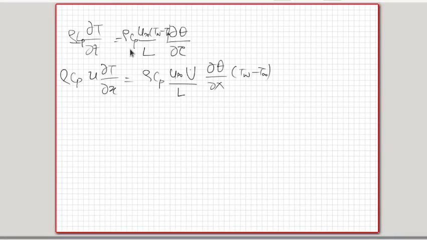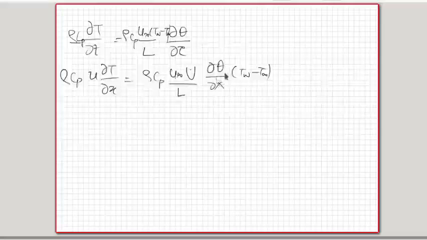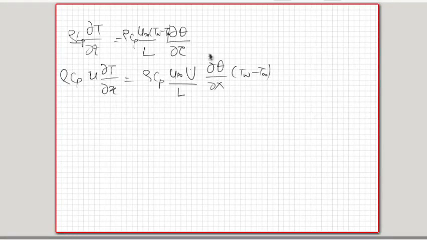Okay, so in all of these terms, basically you get the same combination of additional terms. You get rho Cp u infinity by L into T wall minus T infinity. Similarly for the third term also.